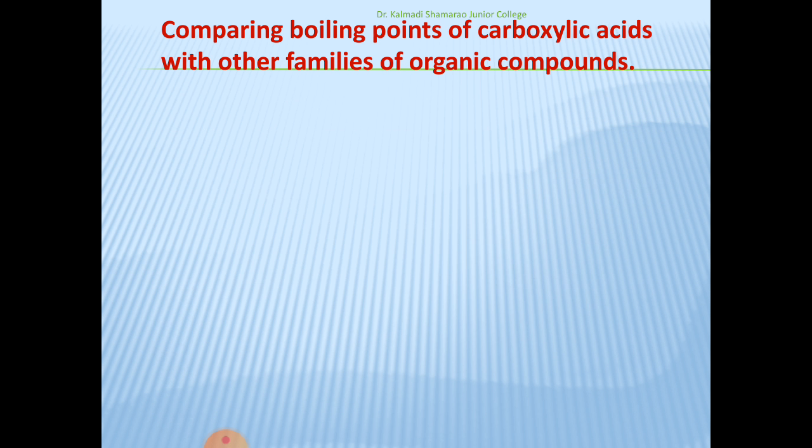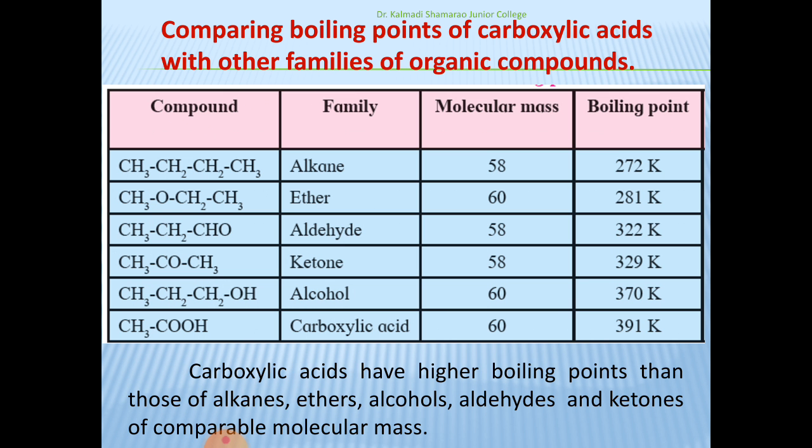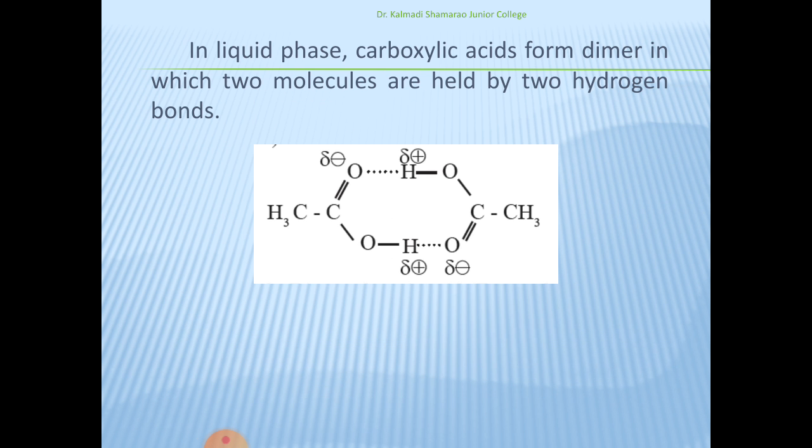Comparing boiling points of carboxylic acids with other families of organic compounds. When we consider alkanes and aldehydes, the boiling point also goes on increasing with increasing molecular weight of the organic compounds. Carboxylic acids have higher boiling points than those of alkanes, ethers, alcohols, aldehydes, and ketones of comparable molecular masses.